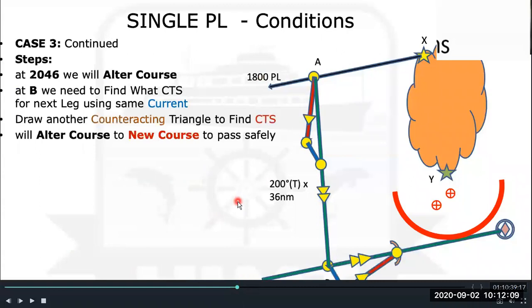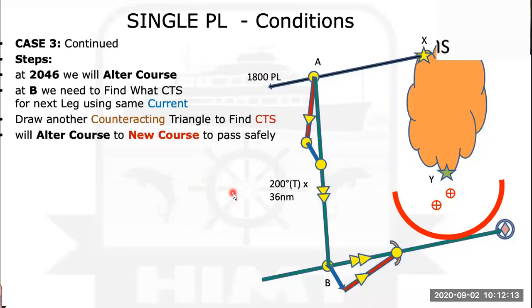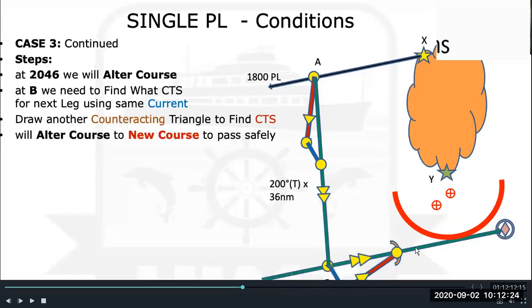But we cannot write 070 as the course to steer. We have to find the course to steer to reach the pilot point. But that is not the course to steer, it is the course made good, because the ship has to move on this line like we have in the chart. So the counteracting method is the action. You have to take an action for the course to steer, so that the course made good is followed.